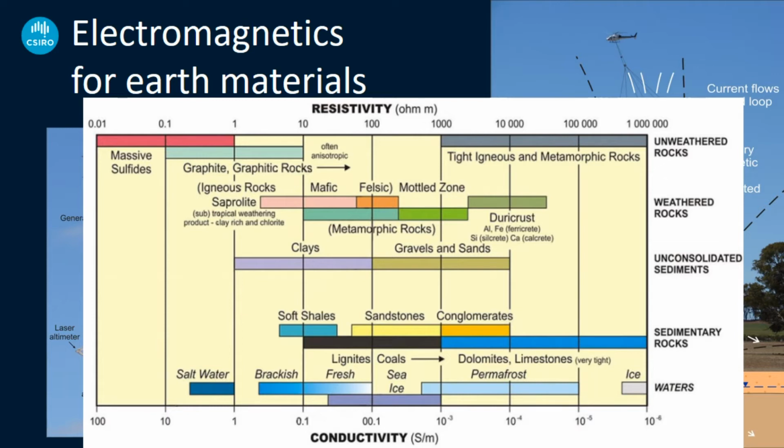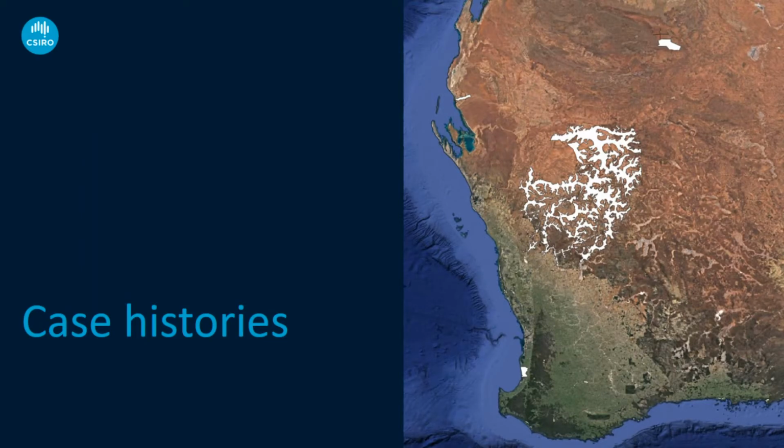That gives you some indication when you fly a survey of what conductivities to expect. Also, if you know what lithology you expect, or you have a structure in mind, then you have a range of values that you can associate with those materials. And that's it for the preface.